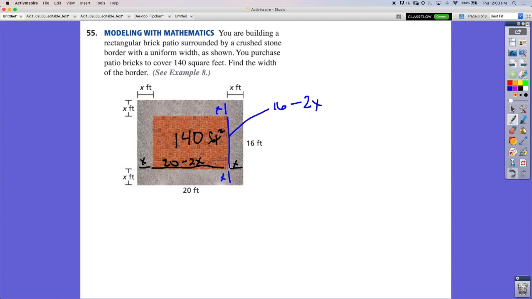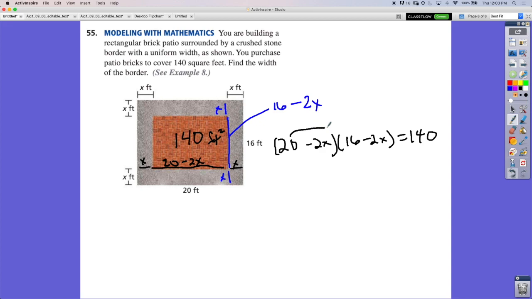So now let's solve for x. I have two sides here, which is 20 minus 2x times 16 minus 2x, and that's going to equal 140.